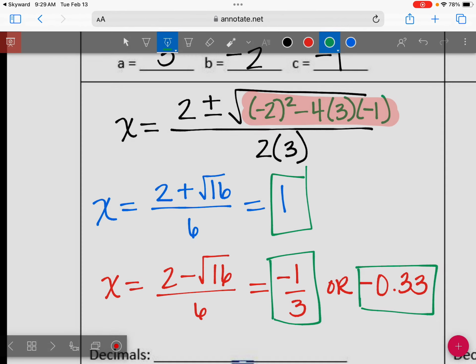All right, go ahead and check your answers against mine. Who had that? And you can write your second answer as negative 1/3 or as negative 0.33. All right, last one.